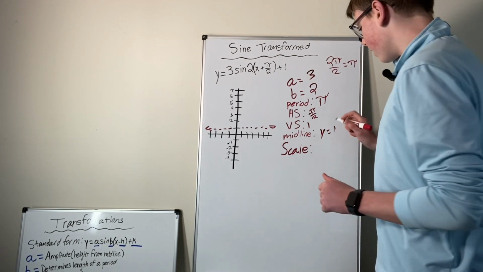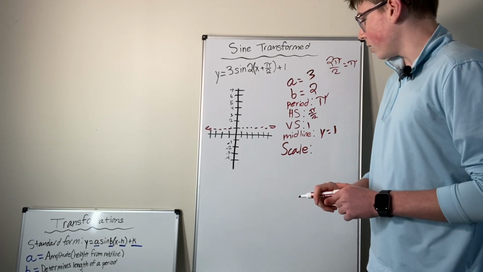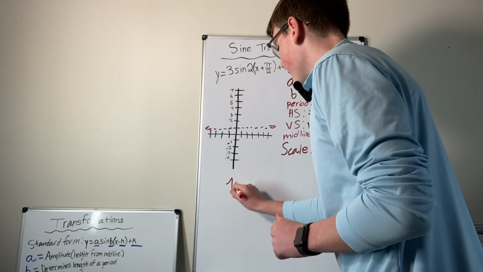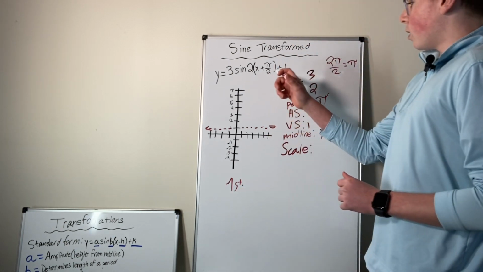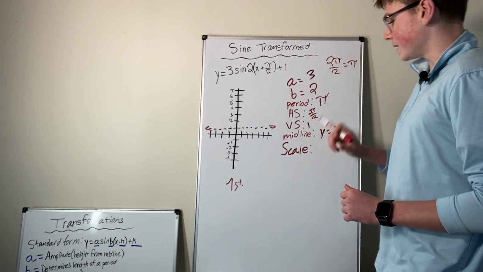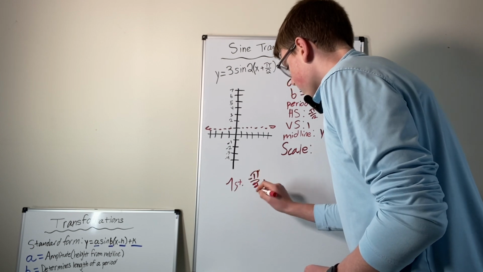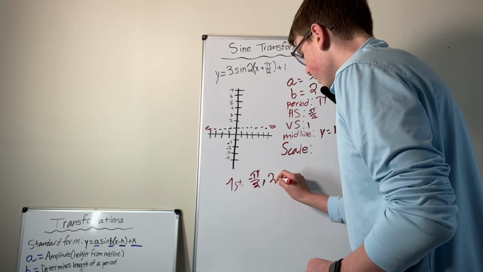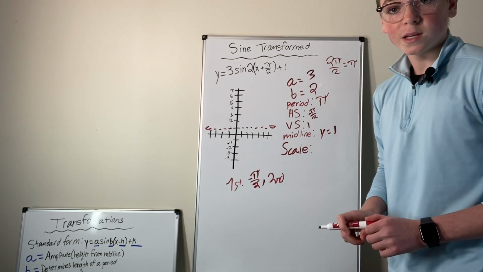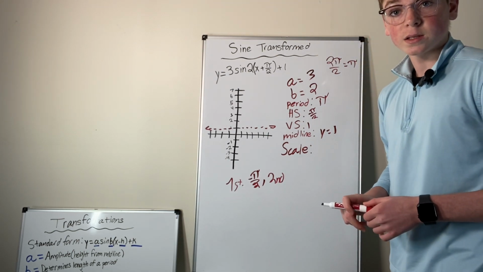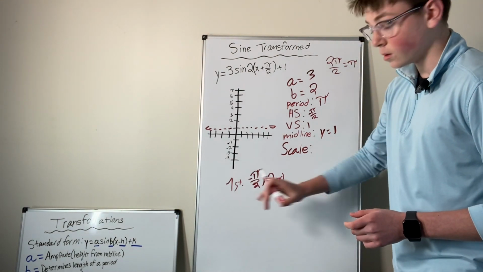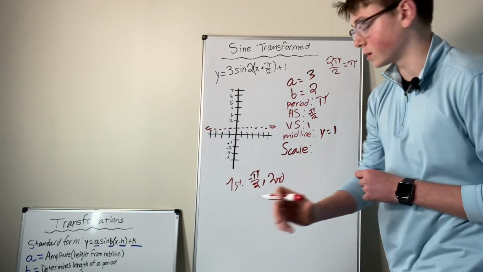And now our scale. Again, when we're looking for a scale, our first point, let's just say first, is our horizontal shift. So it's negative pi over 2. Then second is 1/4 times the period plus, well, minus pi over 2 because it's plus our horizontal shift.